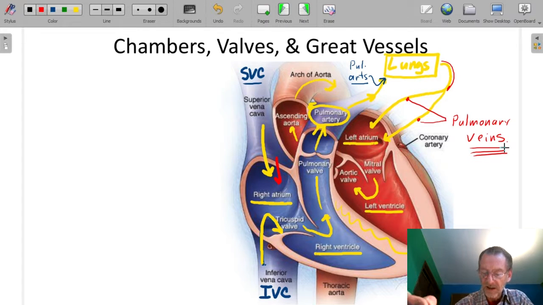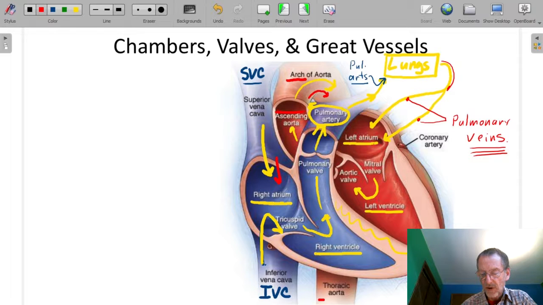That will be easier. So for the aorta, there's the ascending aorta, and ascending just for going up. And then there's the arch of aorta, where it just arches, goes back down. And then you have the descending aorta.